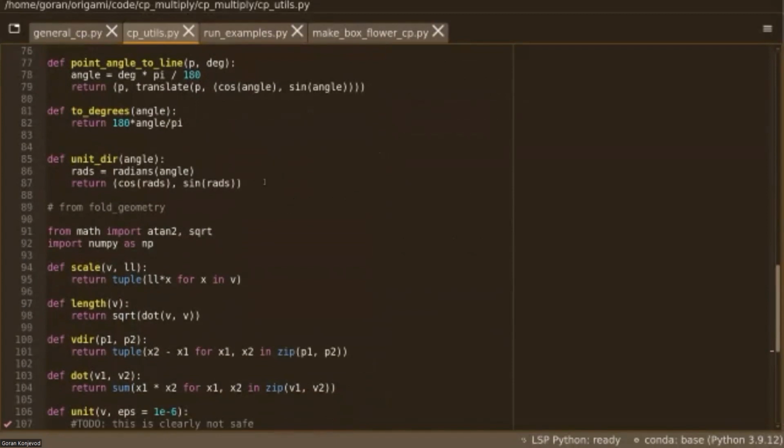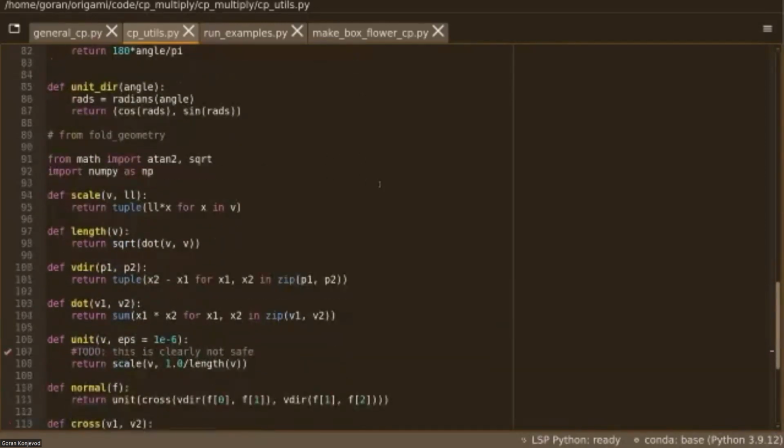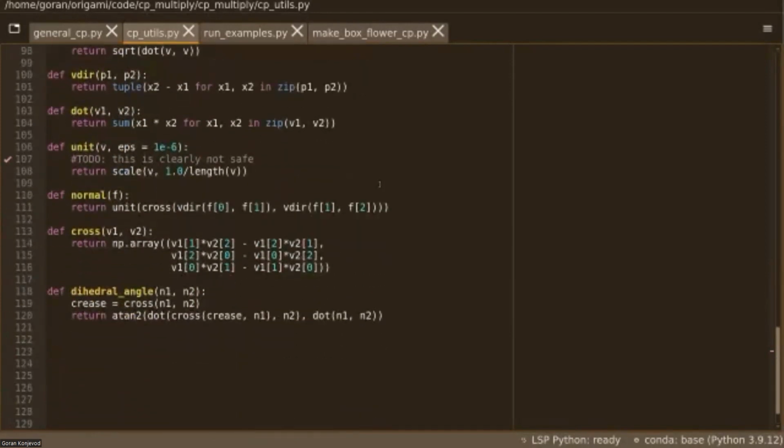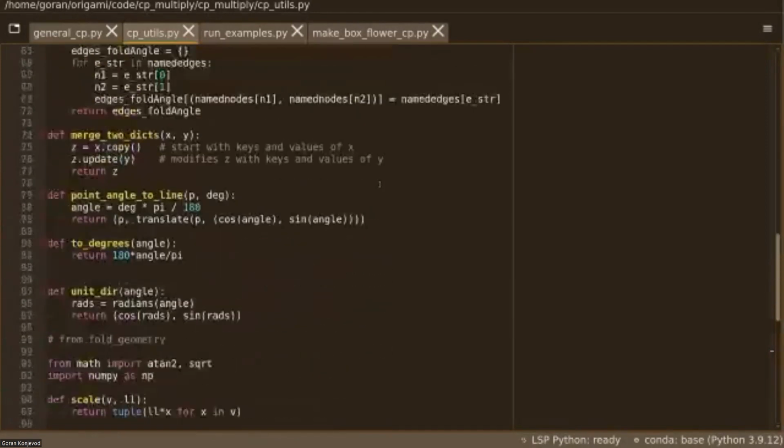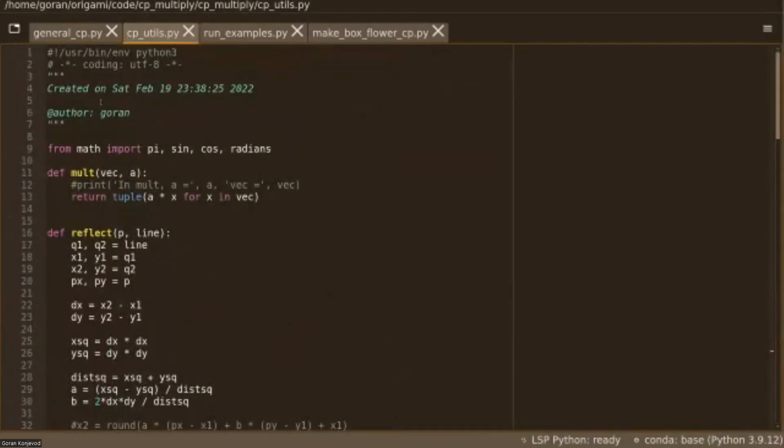I realize that when you specify some patterns, it's more useful to have a way of saying, "Oh, now move by 1 unit in the 30-degree direction," rather than calculating the coordinates a priori. So there's some stuff to help you do that. So this is all the math you need. The stuff that we scroll through here, not that much.